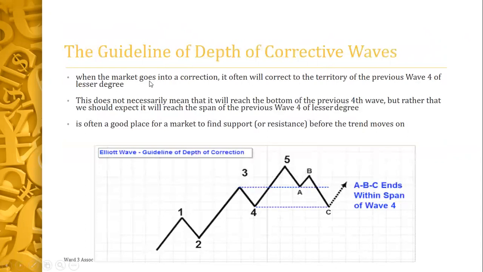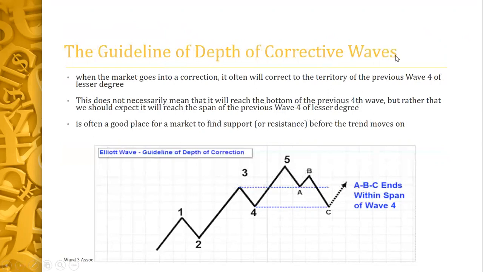When the market goes into a correction, it will often correct to the territory of the previous wave four of a lesser degree. This does not necessarily mean that it will reach down to the bottom of the previous wave four, but rather that we should expect it to reach the span of previous wave four of a lesser degree. It is often a good place to find market support or resistance, depending on the trend, before the trend moves on. So here we've got wave five, right?